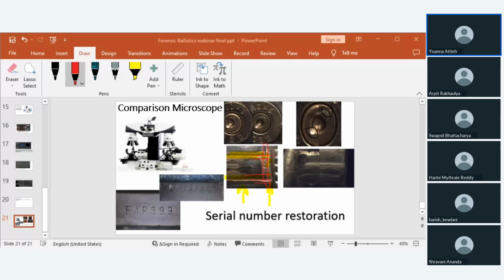Lastly, guys, the restoration of serial numbers is really important here, because the restoration of serial numbers from any firearm is an important forensic process, even if serial numbers are scratched or ground off. Chemical etching techniques can often reveal the original markings, aiding in the identification of the firearm.